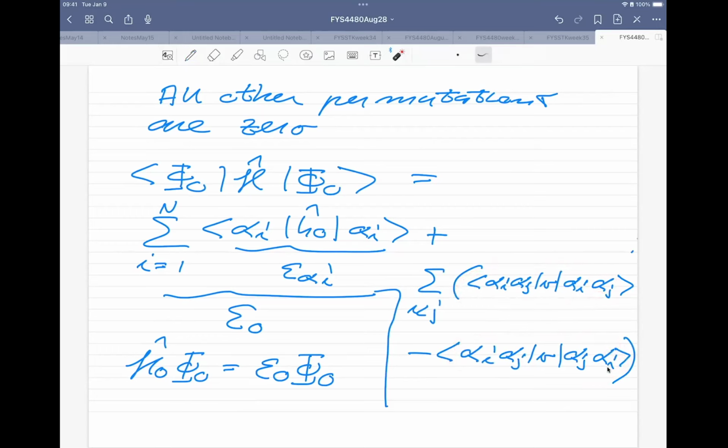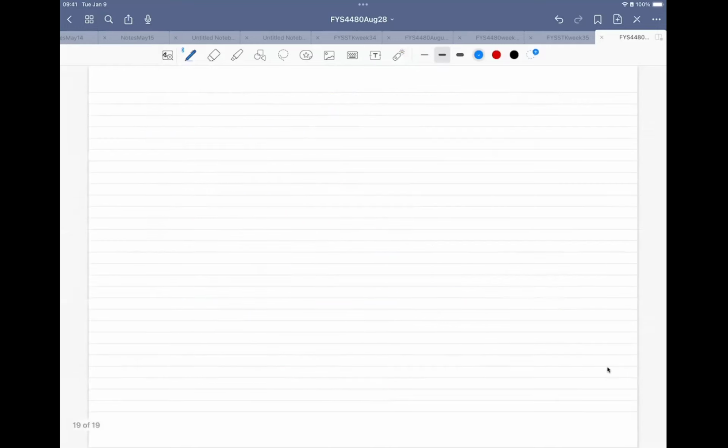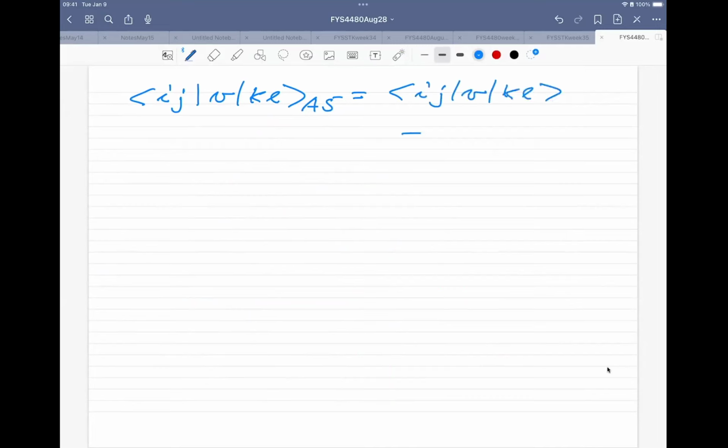So we defined something like ij, now I'm writing this generally, kl. These are different quantum numbers. The anti-symmetrized element is given in terms of the direct term of V of kl minus the exchange term, lk.